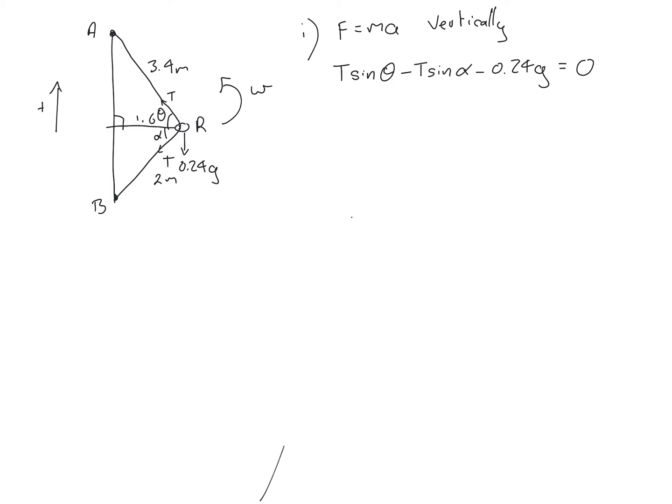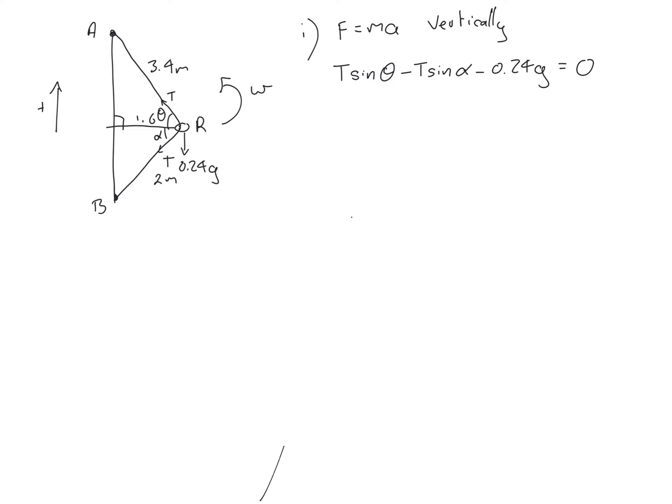That's not a right angle at R. ABR, the right angle is not at R. There's nothing in the question that says that's a right angle. Will that be your problem? Have you assumed there's a right angle there? Have you assumed there's a right angle here? Okay. I'll carry on.